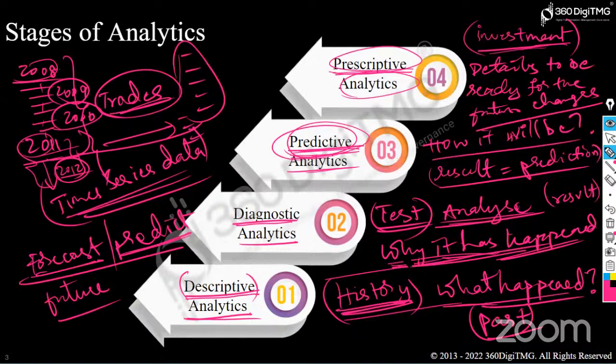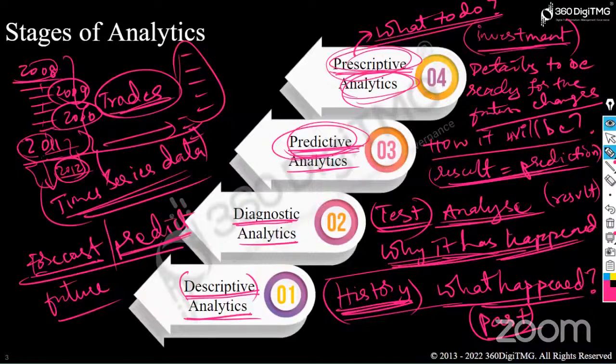What happened in the past and why it has happened, how it will be, and you just need to be cautious or be ready for what to do. So what to do when your prediction is getting some result, you will be ready with what to do.